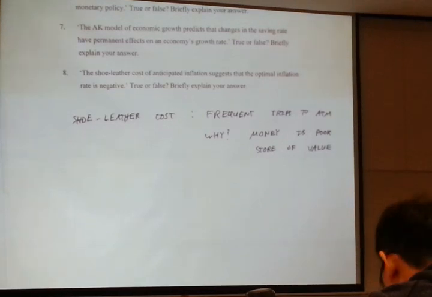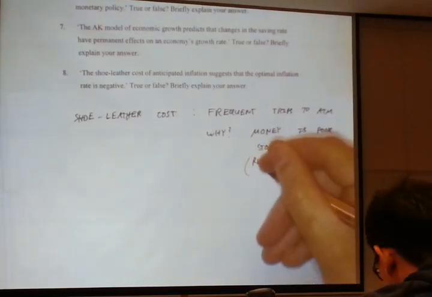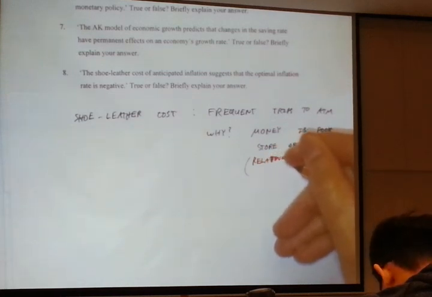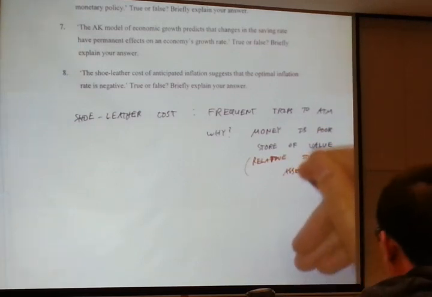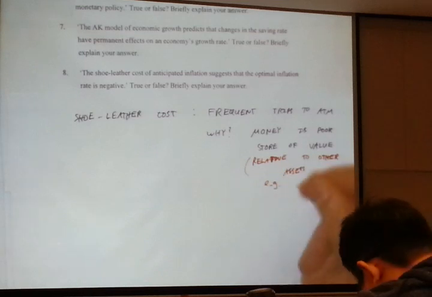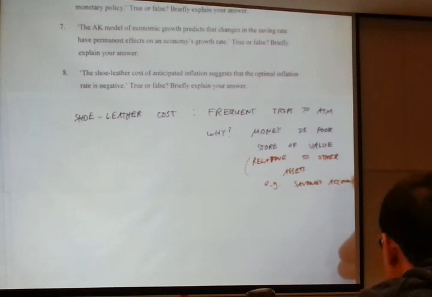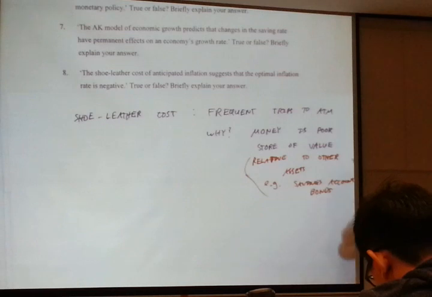The idea is if you go to the ATM a lot, you can keep a lot of money, say, in a savings account and earn interest, as opposed to just having it in your wallet as cash and not earning interest. So relative to other assets, e.g. a savings account, or bonds. Think of a savings account as what we mean by bonds in macroeconomics. Buying bonds.